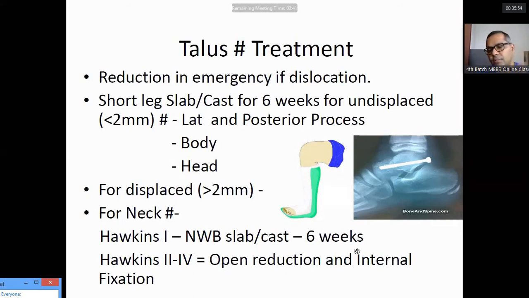At 6 weeks we assess radiologically, and if there are signs of union, then we slowly start with partial to full weight bearing gradually. For types 2, 3, and 4, the displaced fractures, we need open reduction and internal fixation, like here. We need to fix with screws.